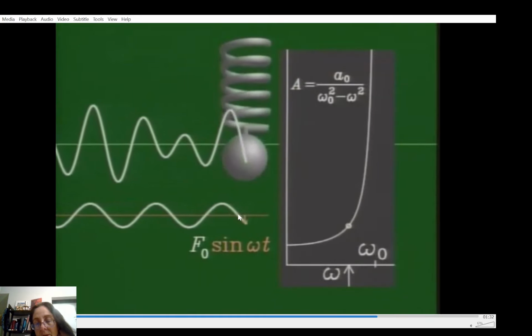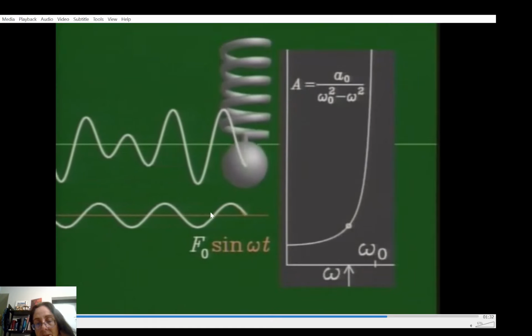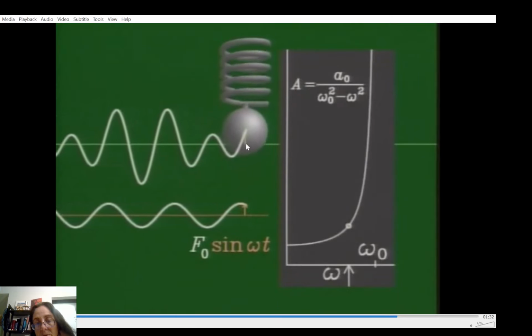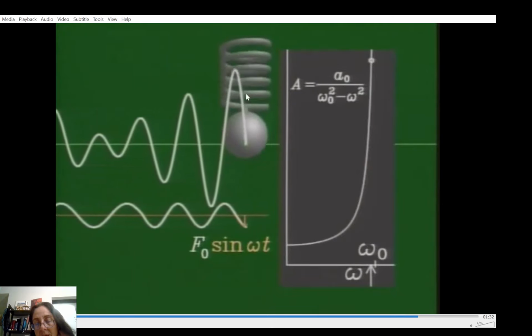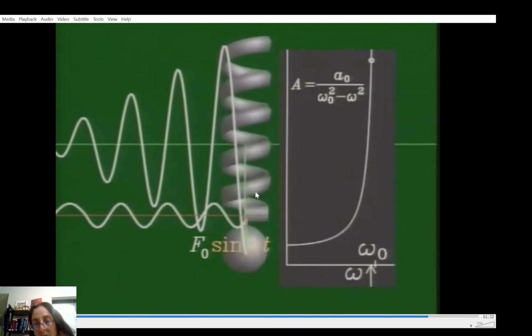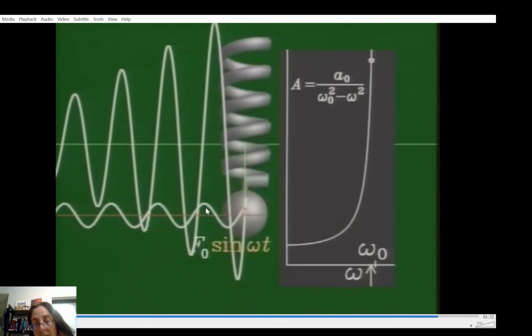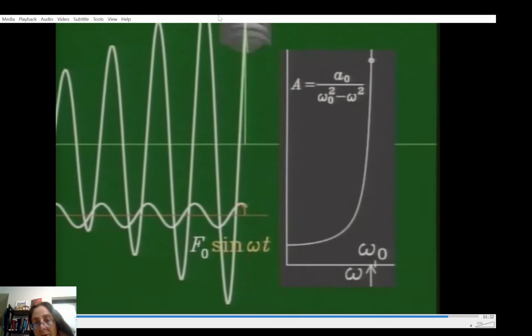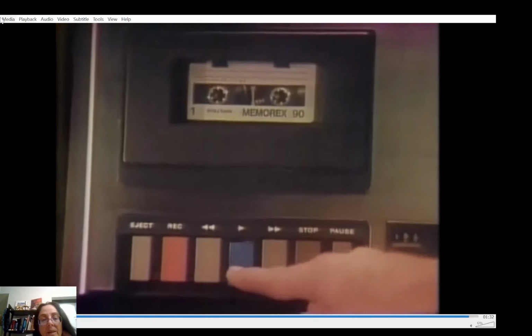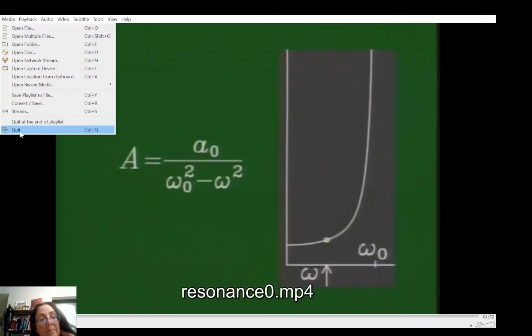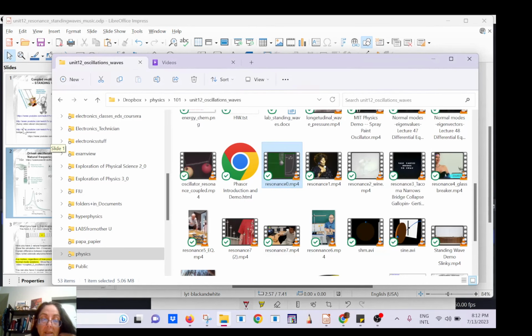Even though the amplitude here is not very large, look, the amplitude you get is going to get larger and larger and larger. So this is called resonance. It means for a small input, you can get a very, very large output. And boom. So we discussed that last time.